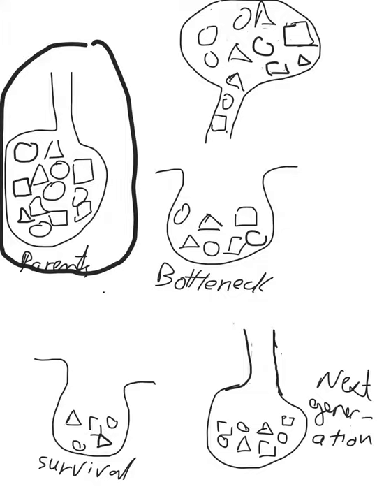It then undergoes the process of the bottleneck, in which you take the jar representing the parents and dump the population into a beaker, which represents the bottleneck, and this signifies a drastic reduction in the population.